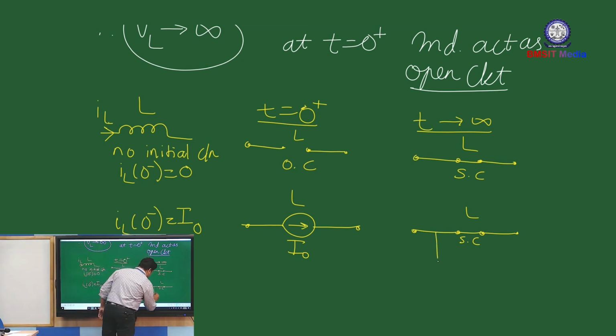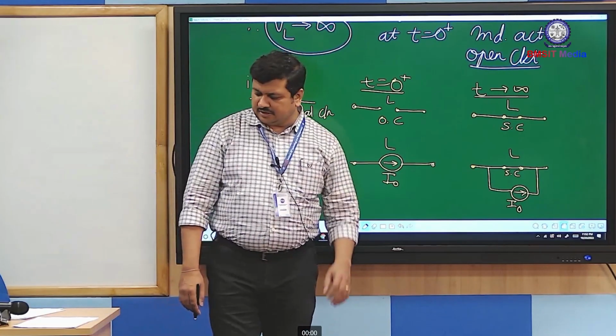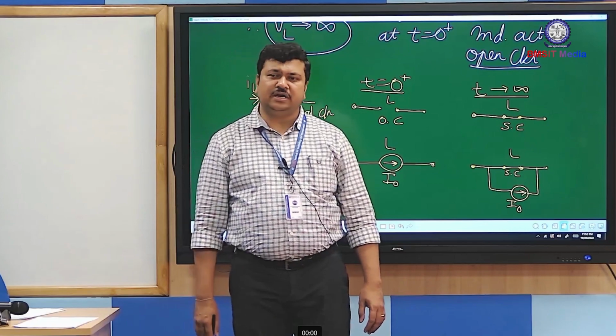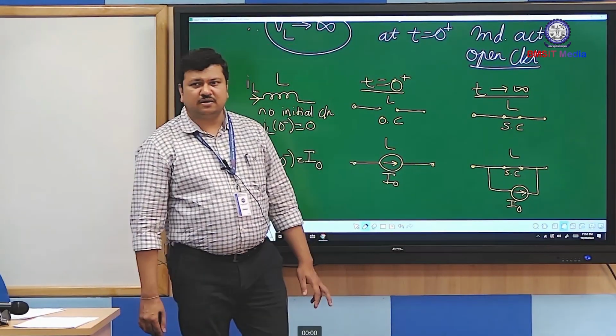So the inductor is like a current source across a short circuit. A current source across a short circuit. So this is the initial condition of an inductor.